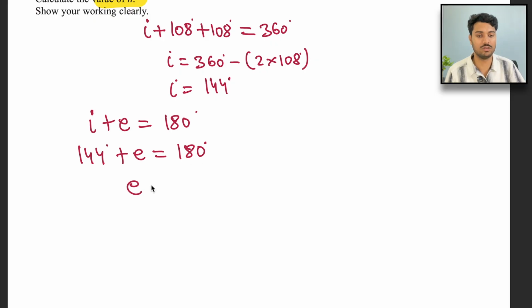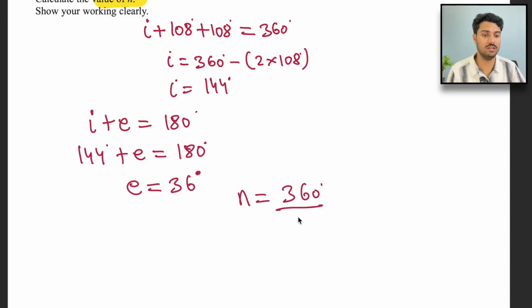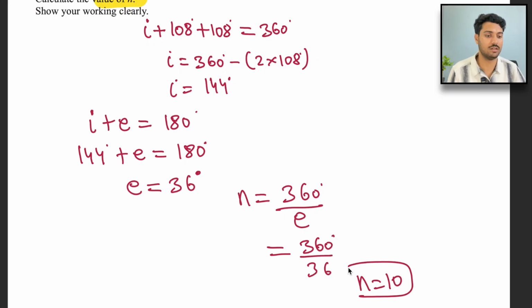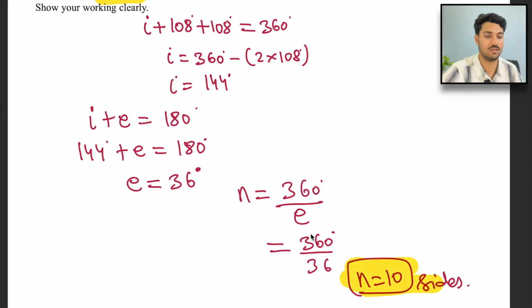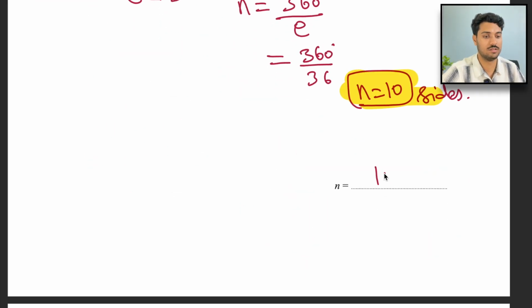That will make E equal to 36 degrees, and n is 360 degrees upon E. So 360 degrees upon 36, n is equal to simply 10. So it's a 10-sided regular polygon, n equals 10.